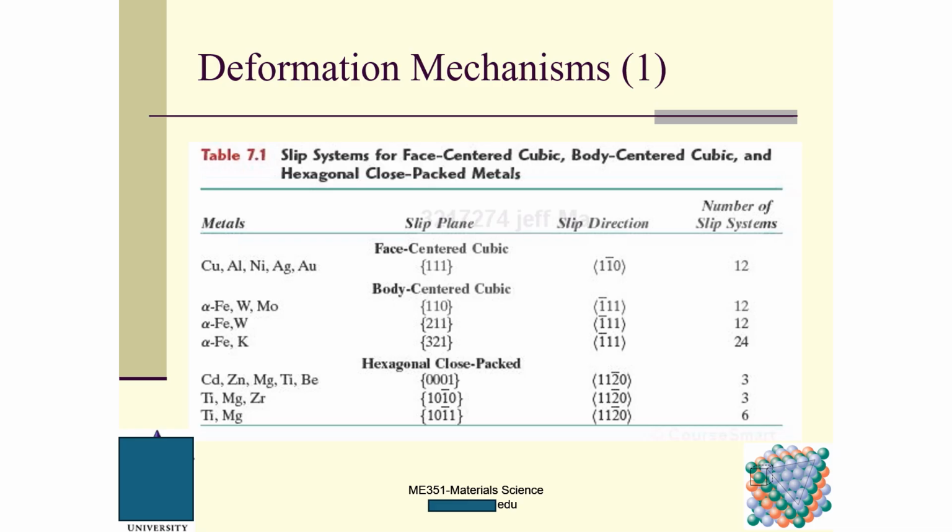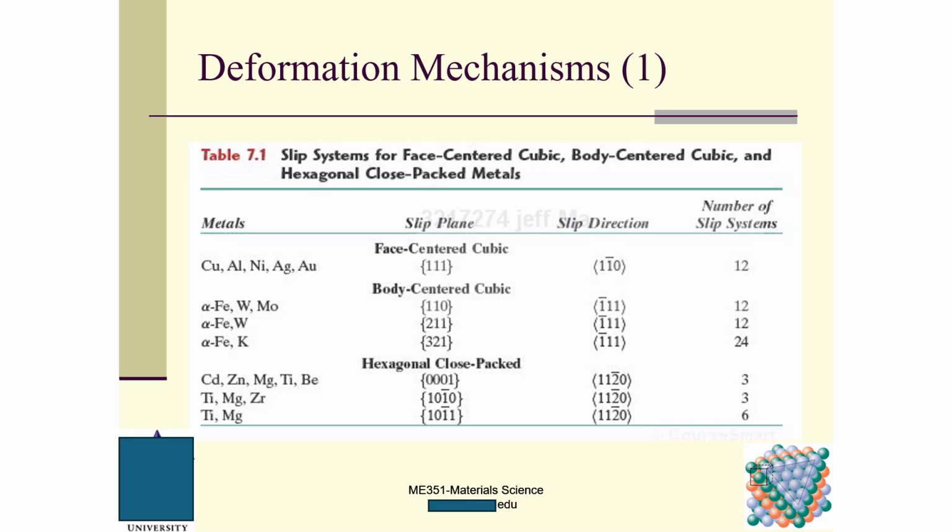One question some students might ask: Dr. Mao, for this alpha Fe, how many slip systems does this material have in total? That's a very good question. For alpha Fe, they have 12 on this plane, 12 on this plane, and for the same material they have 24 on the 321 plane.